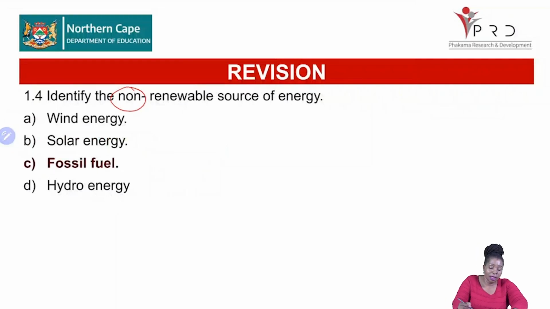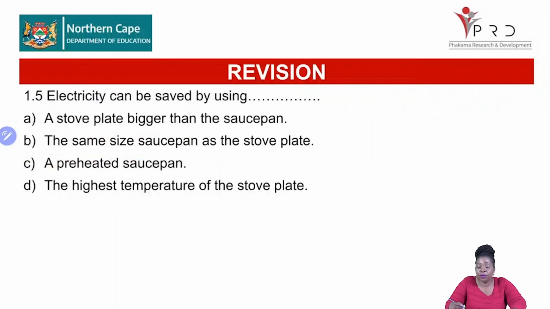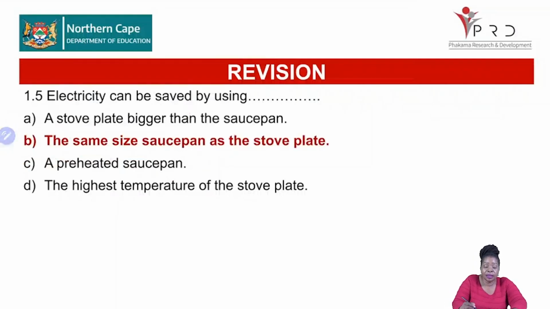The answer there is fossil fuel. Fossil fuels are non-renewable sources of energy. And then the last one, 1.5, says electricity can be saved by using. The answer is B, the same size saucepan as the stove plate.